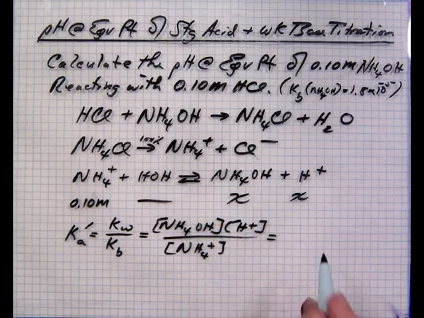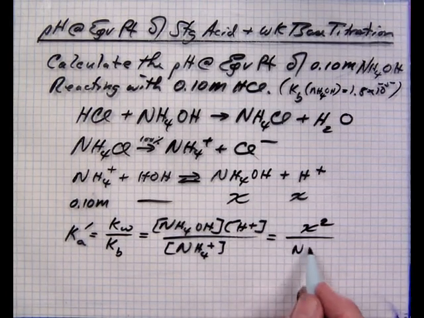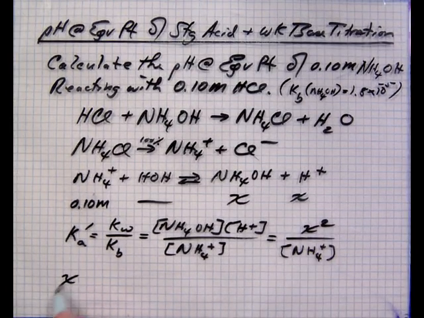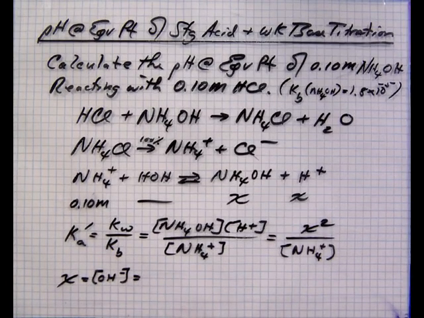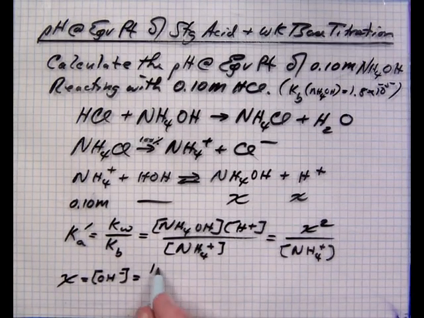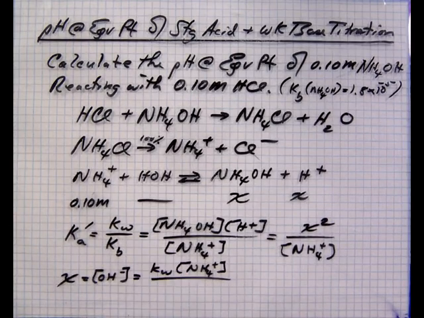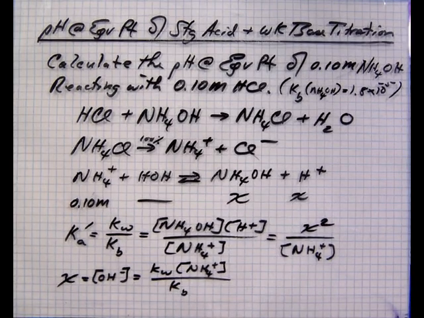That gives you X squared over the NH4+. Of course, X is equal to the hydronium concentration, which is the objective here. And so that is Kw times the salt concentration, or cation concentration, divided by the Kb value.